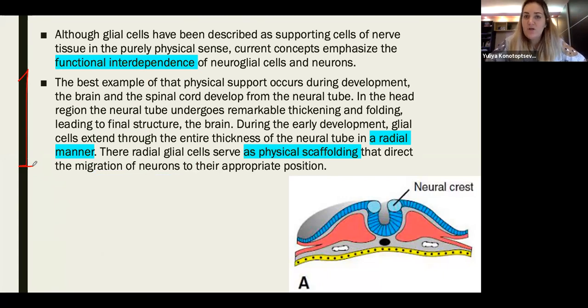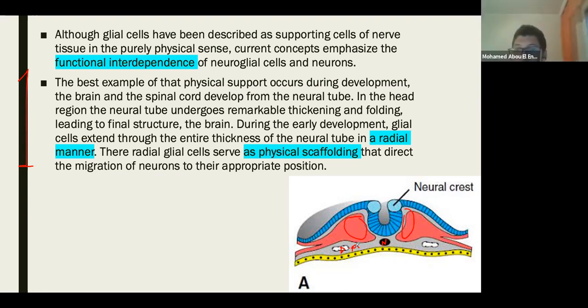The question is, what comes first, neurons or neuroglia? You remember this picture? Neural tube, right? Neural crest, paraxial mesoderm, notochord, two dorsal aortas are here. So a question, what comes first? Neurons or neuroglial cells? Neuroglial.